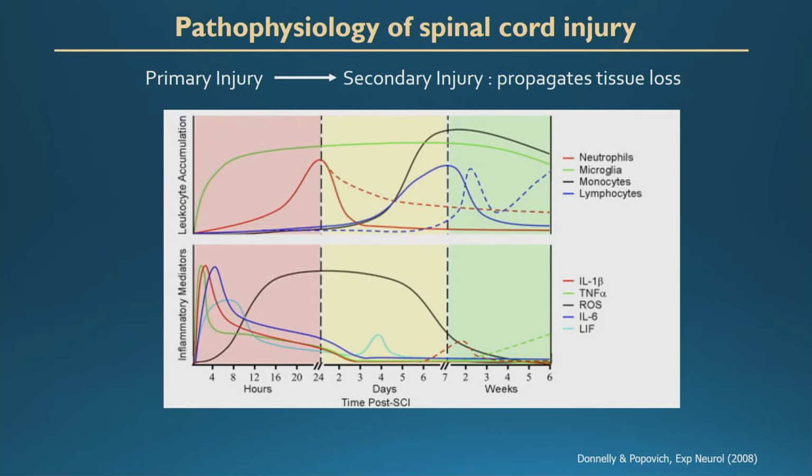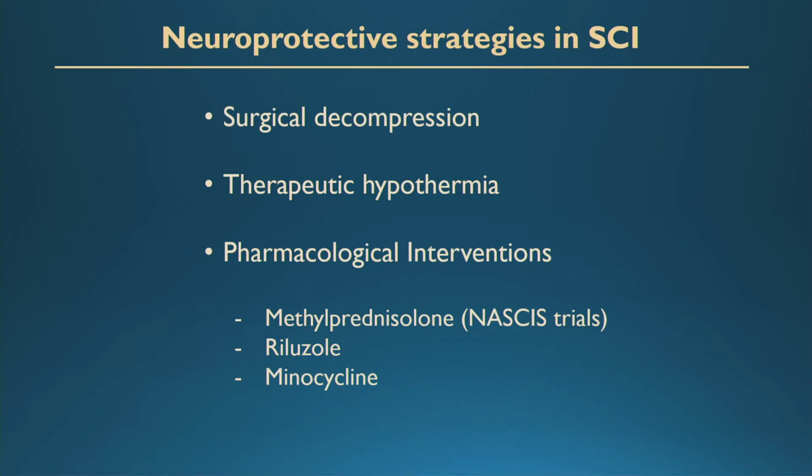So a number of strategies have been proposed to reduce this inflammatory response, and I'm stressing these ones because there's a strong body of data from the preclinical data pointing towards beneficial effects in these ones, and they're also in clinical trials.